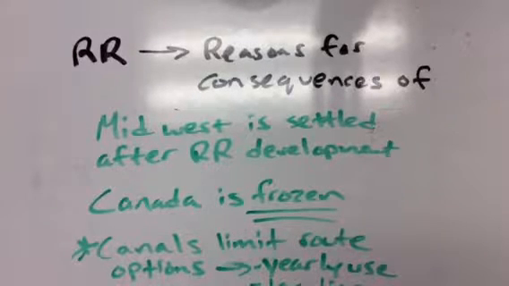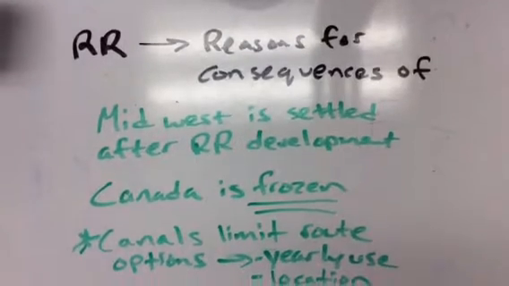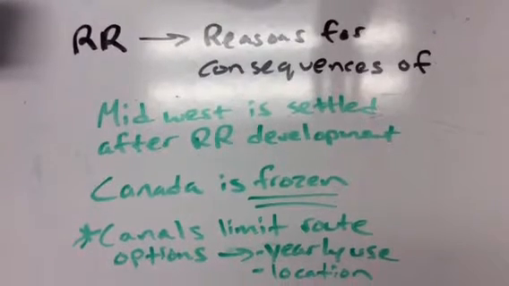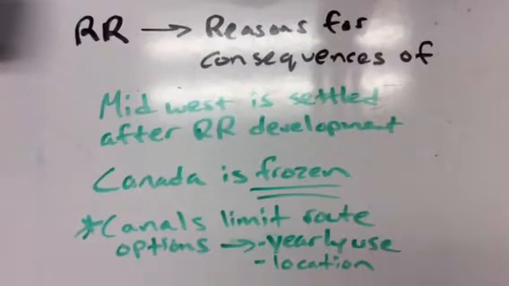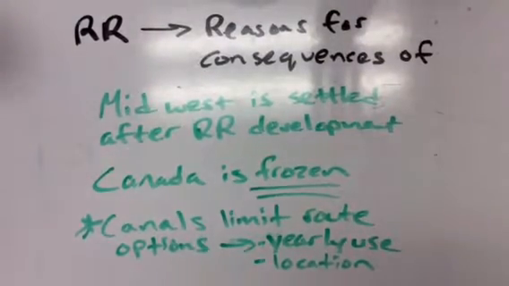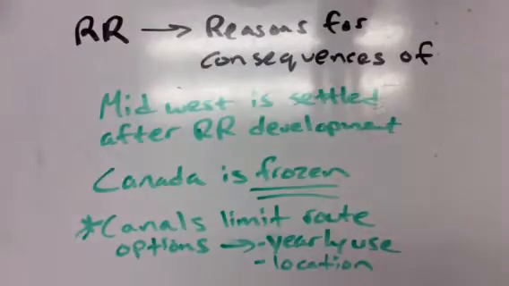So we don't want to be limited in terms of location. We want to be able to use this stuff year-round, and we want to be able to build it where we need it. Now, of course, mountains are going to be a problem, but there's plenty of passes to work through the Rocky Mountains for railroads.